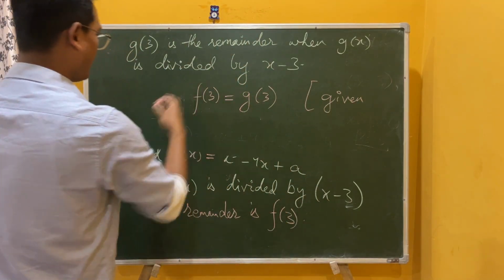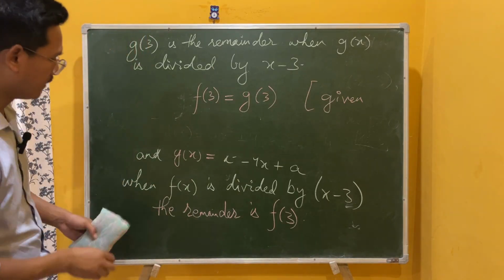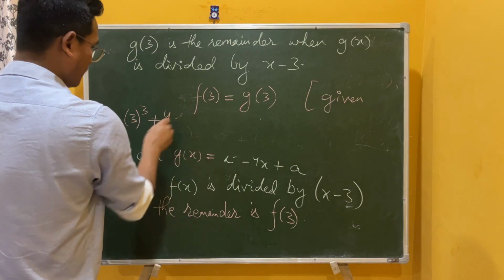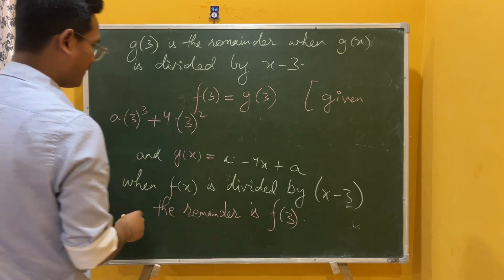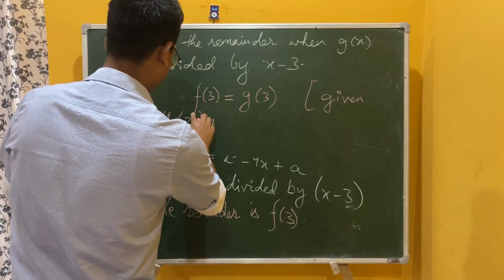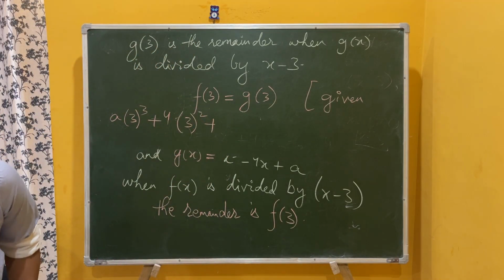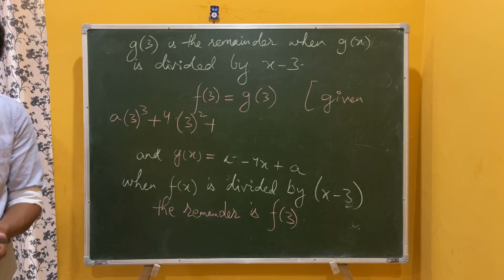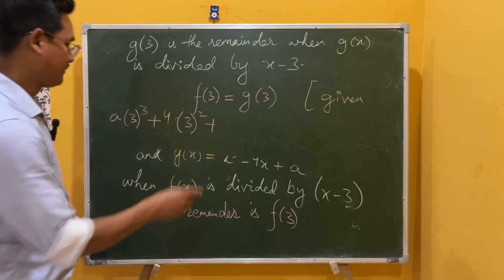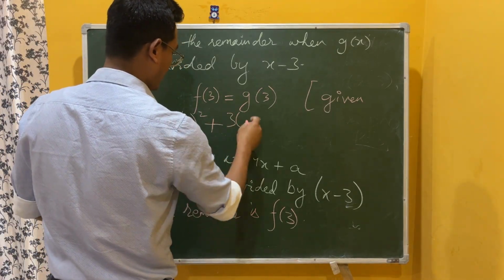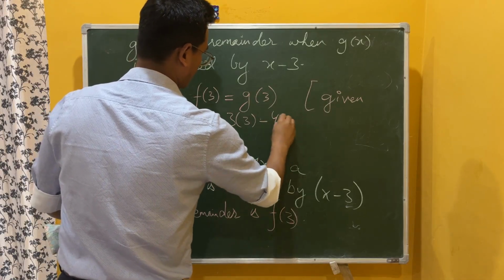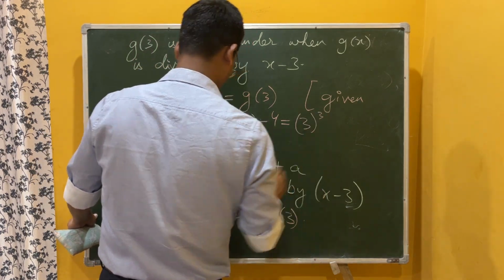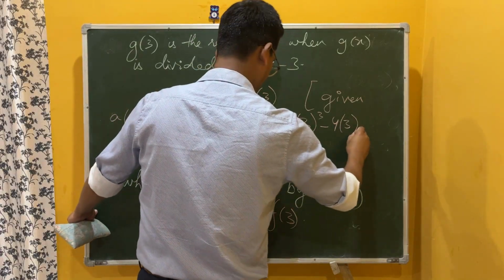So your f of 3 is, I erased the polynomial, a into 3 cube plus 4 into 3 square plus 3 into 3 minus 4, equals g of 3. G of 3 is 3 cube minus 4 into 3 plus a.